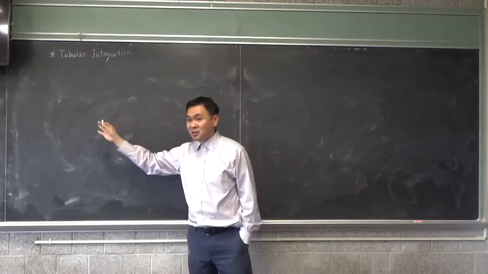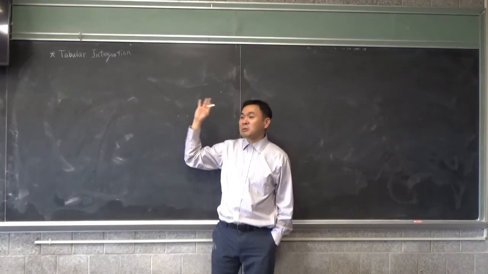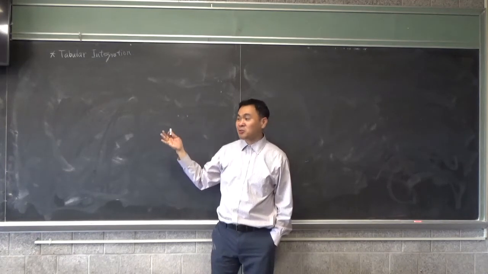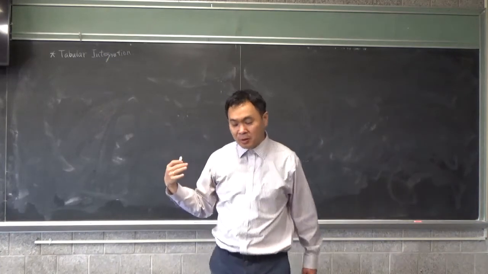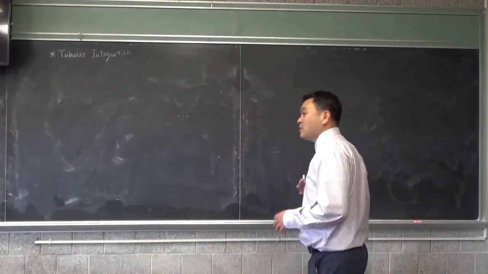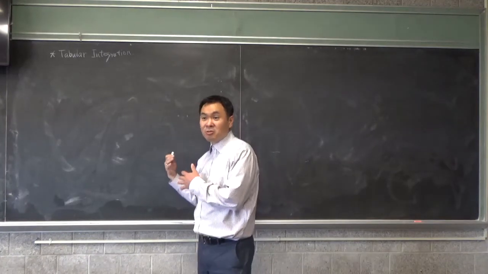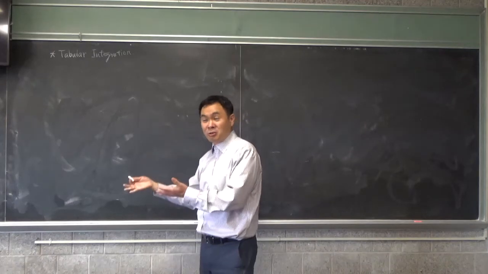Now, before I start explaining what this is, I want to say that this is just a repackaging of the integration by parts in a nicer way so that you have less to write and it's faster. And therefore, anything you can solve using integration by parts, you can solve using tabular integration. Anything you can solve using tabular integration, you can solve by integration by parts.